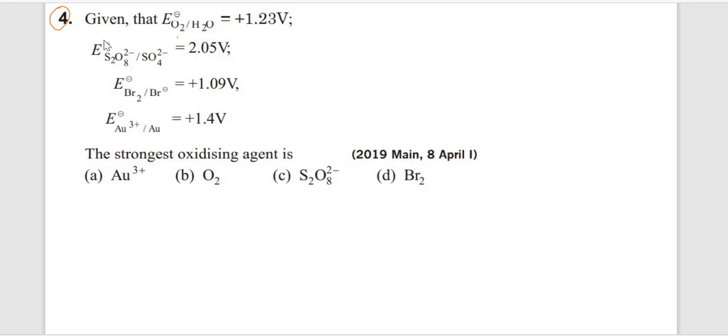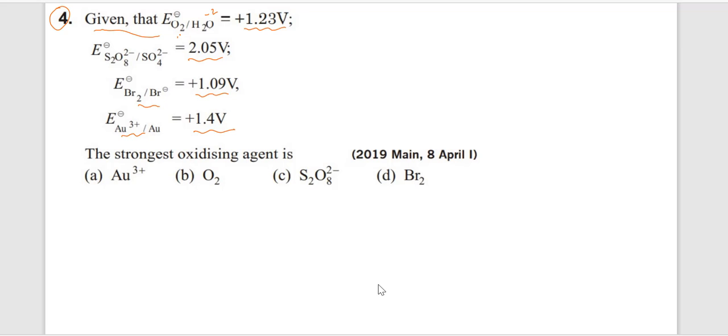Next, fourth question. Given that oxygen is changing into O minus 2, reduction potential value plus 1.23, sulfur 2.05, bromine here plus 1.09, and the other plus 1.4.